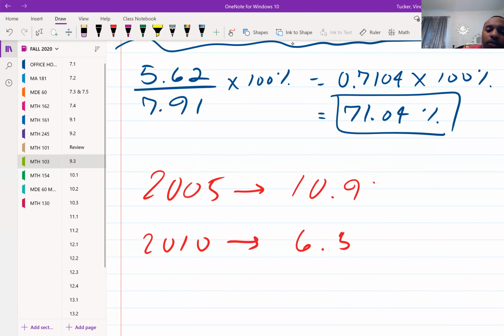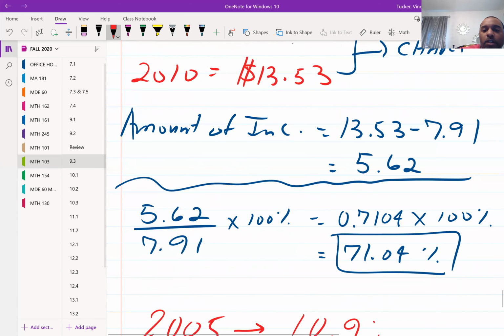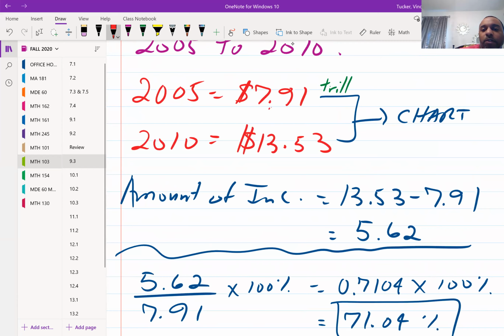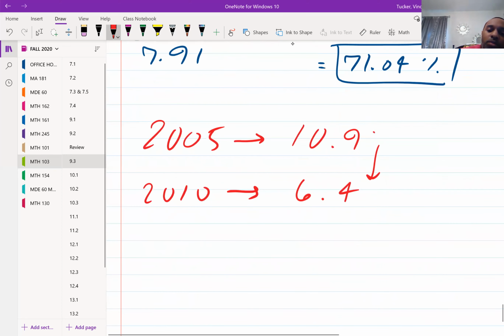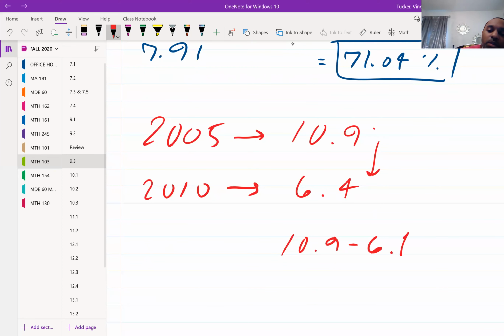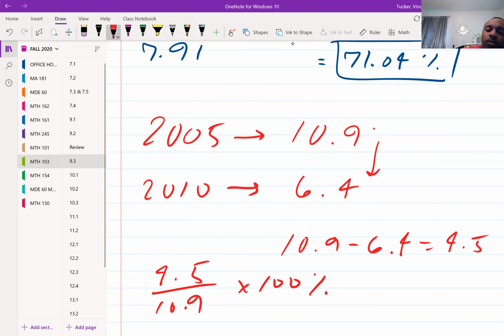It would have been a decrease instead of these numbers going up. It went from 7 to 13. If it was decreased, it would go something like 10 to 6. It would still be the same process. You subtract these two numbers, and it would be 4.5. And then I would divide by the original amount, which is 10.9, and multiply by 100%. Yep, same process.